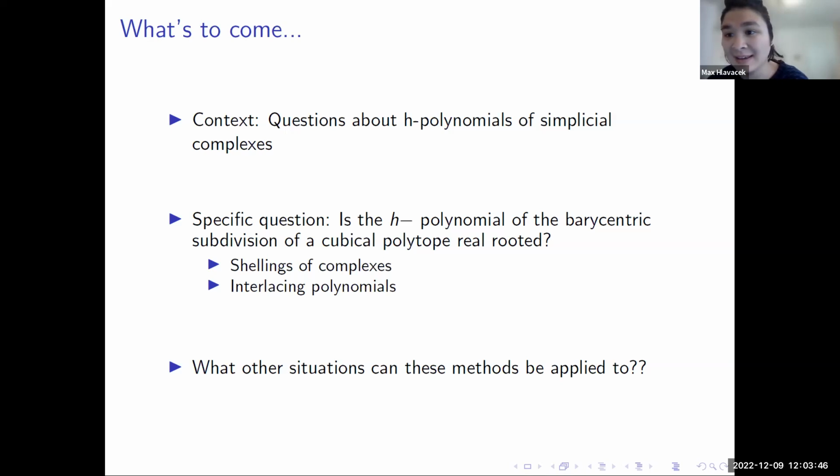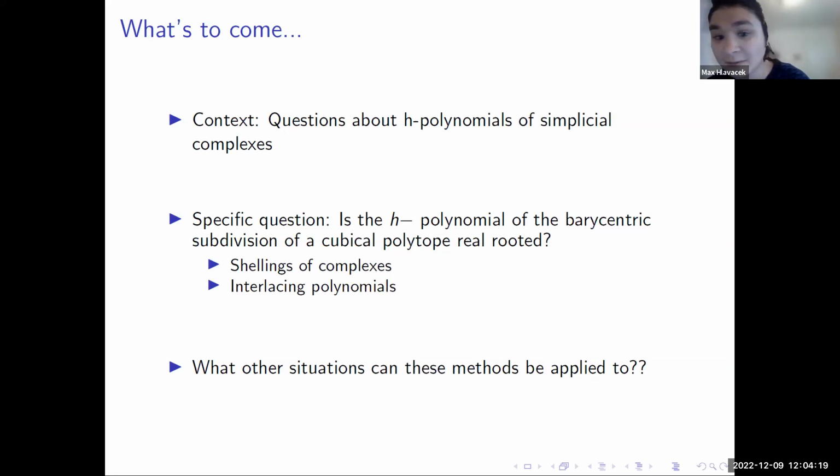And we're also going to give some background info so that at first we can all understand what all the words are in the main question of this talk, which is: is the h-polynomial of the barycentric subdivision of the boundary complex of a cubical polytope real-rooted? So we're going to say, okay, what is an h-polynomial? What's the barycentric subdivision? What is the boundary complex of a cubical polytope?